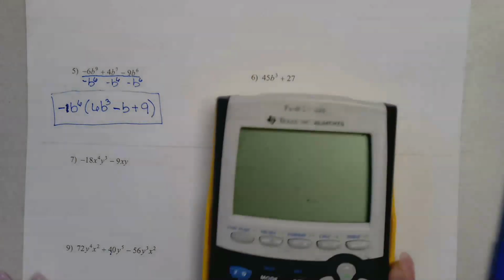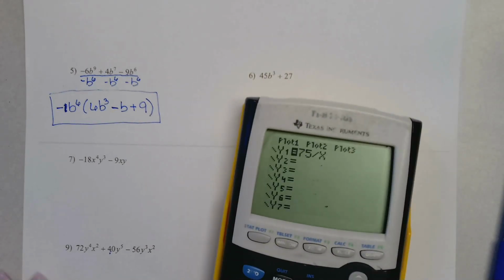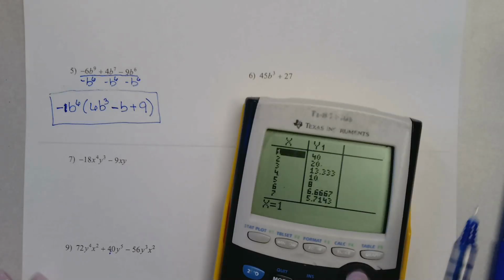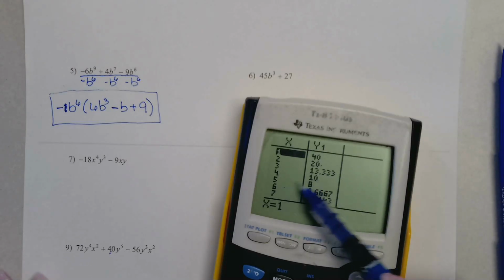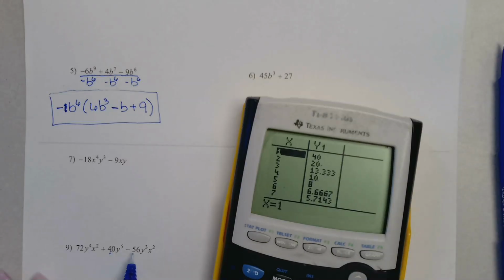And so here's what you can do. You can go back into y equals and clear that out and say 40 divided by x, and take a look at all your factors here. And then we've got 42, 20, 4, and 10. Let's see, I do believe 4 is a factor of each one of those.